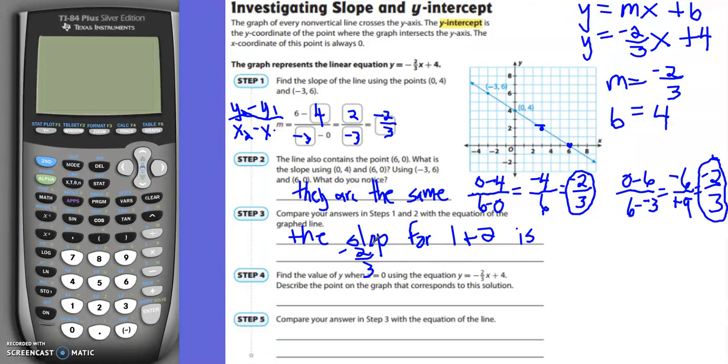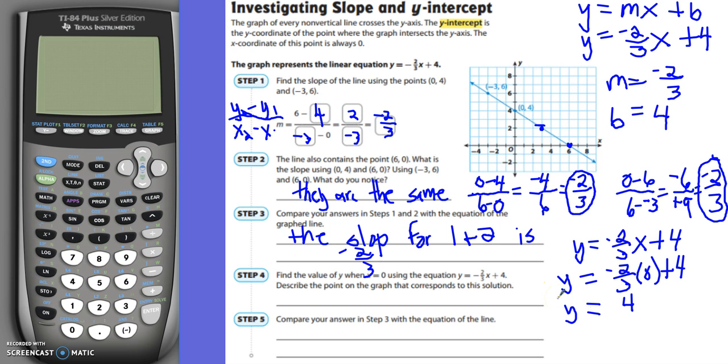All right, find the value when x equals 0 using the equation y equals negative 2/3 x plus 4. Describe the point on the graph that corresponds to this solution. So if we have y equals negative 2/3 x plus 4, and we plug in 0, 0 times anything is 0, 0 plus 4 is 4.